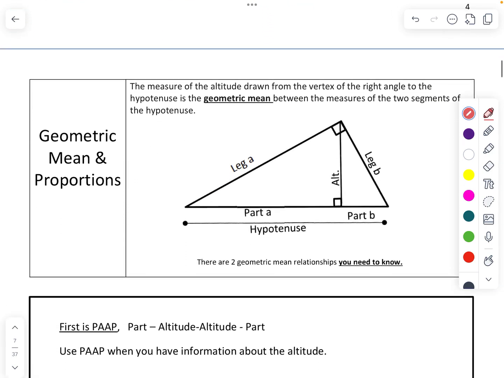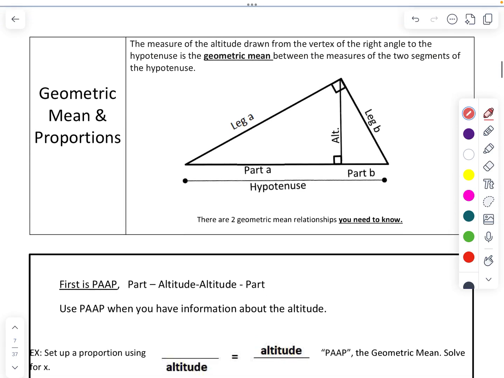No. Okay, so now in relation to triangles, the geometric mean is useful because, first of all, let's just understand that when you draw an altitude in a triangle, it's cutting it into 3 separate similar triangles. So you've got the big triangle that's now similar to this small one and similar to this medium-sized one. The tricky part, though, is to get all the sides to correspond with each other.